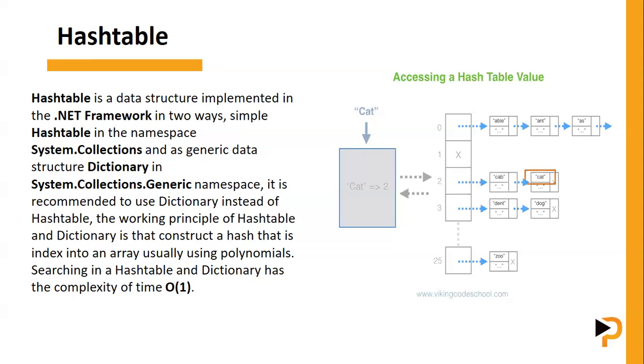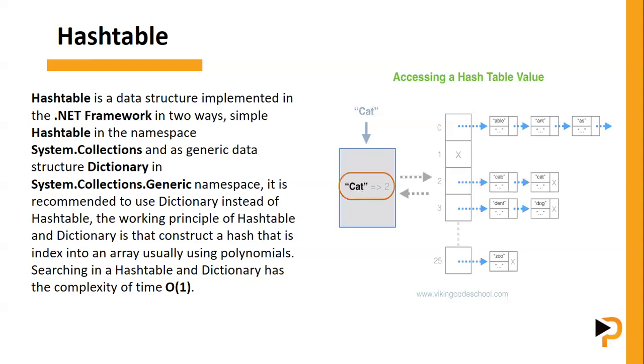A hash is basically made up of three components. First is the key, and the key is nothing but a value you want to store or fetch from the hash data structure. Here, cat is the key. It is used as the input to the hash function to calculate the index where the associated value will be stored or looked up.